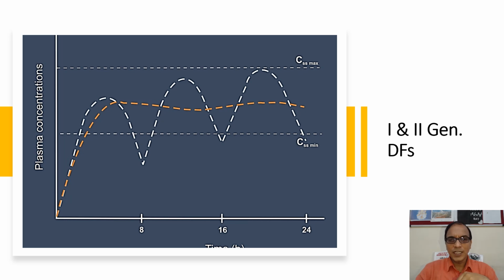While in the case of the second generation, the peak and valley effect will not be there. So it ensures the maximum drug in this effective zone, thereby allowing more and more doses to be used for the therapeutic purpose.